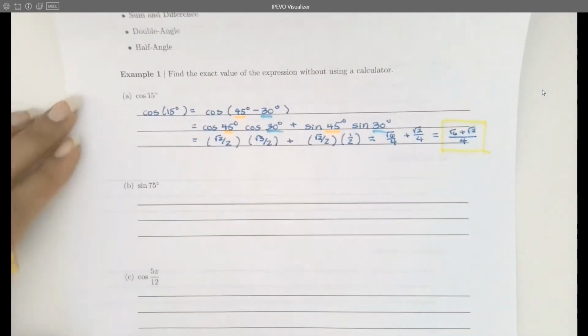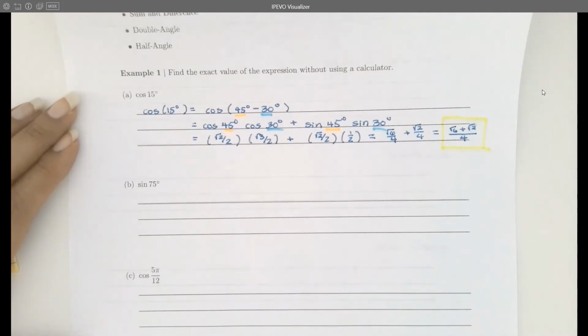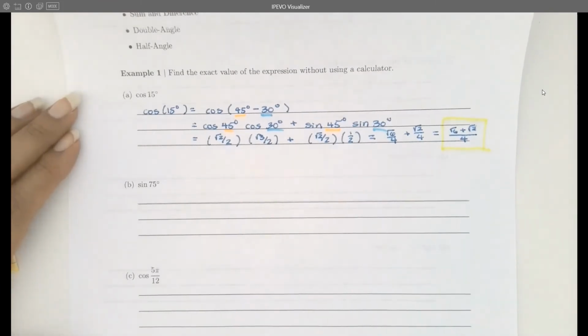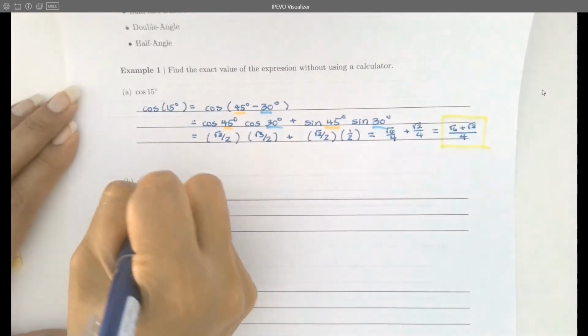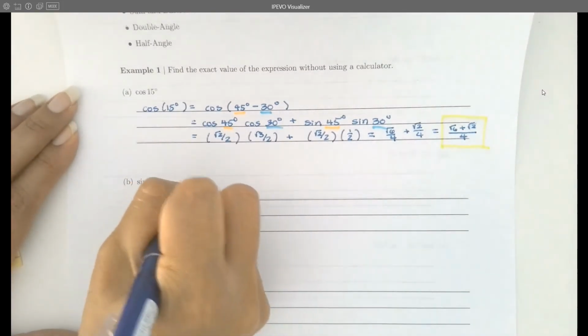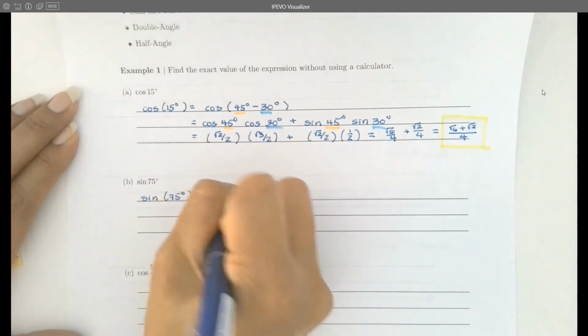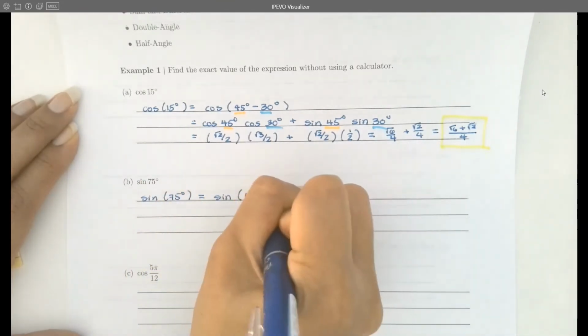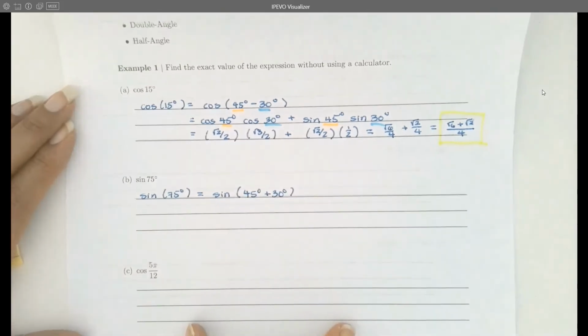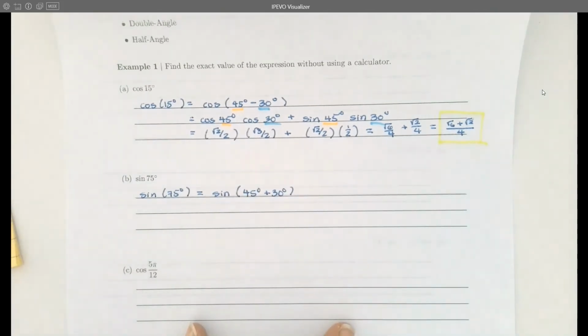If we repeat the idea with sine of 75 degrees, we're trying to write it as a sum of two angles that are on the unit circle. One way to do it is as sine of 45 degrees plus 30 degrees, right? Sine of 45 plus 30 gives us 75.